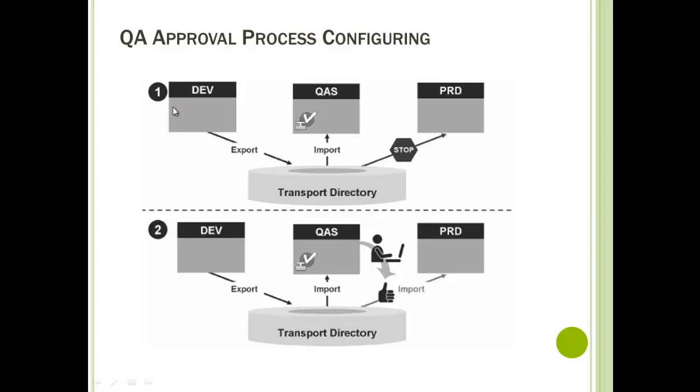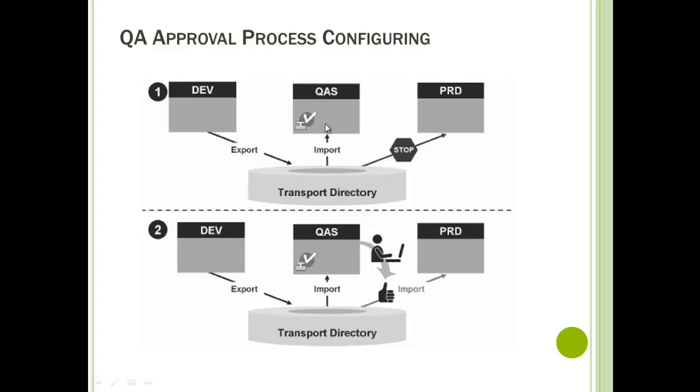What happens is, when you do any development in the development system and you export the TR, the TR will be available in the QA system for import. Then you will import it and do the testing in the QA system. At that time, the particular TR in the productive system is available in the buffer, but you can see a symbol like this. It's waiting for QA approval.